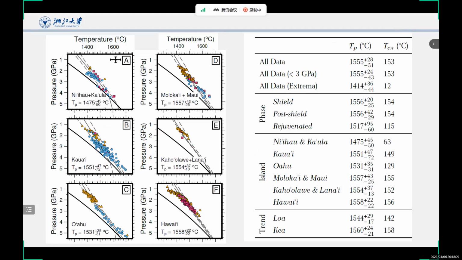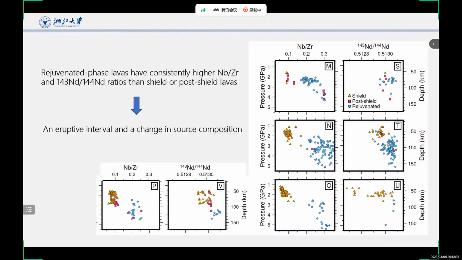And they found that their results lie within the results of previous studies. And also the excess temperature is the plume temperature minus the mantle potential temperature. And they think the result is right.